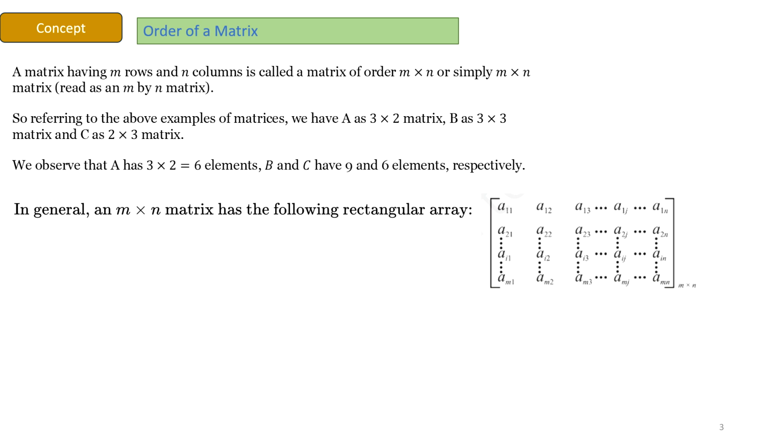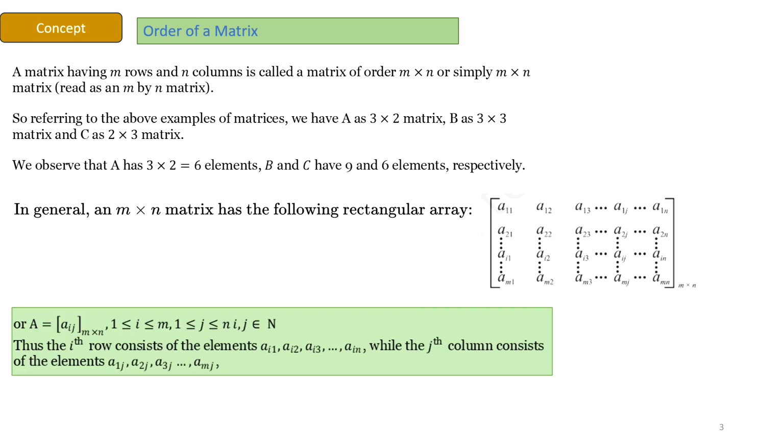In general, an m by n matrix has a rectangular array as displayed in the slide. In the general form of representation of a matrix, the ith row consists of elements ai1, ai2, all the way up to ain.